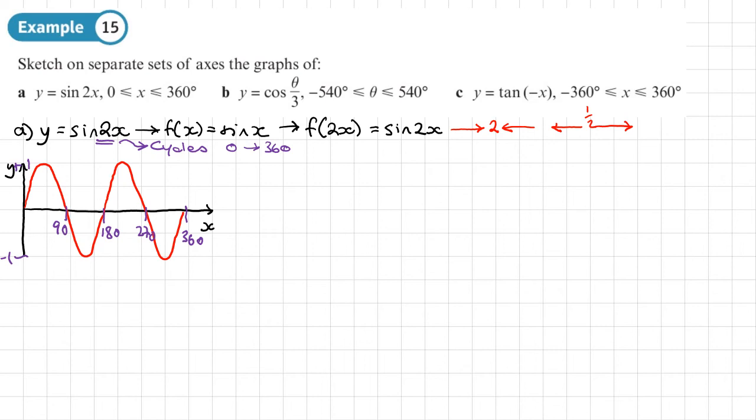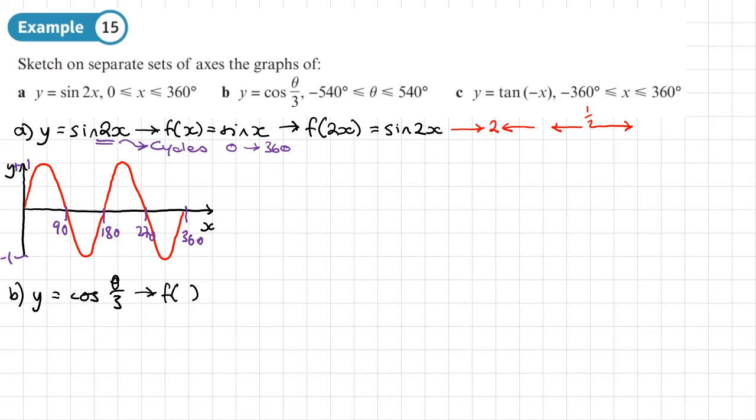Okay, let's have a look at part B. In part B, we've got y equals cos theta over 3. And we need to do this between -540 and +540. So we're just going to call this f of x, or f of theta in this question.